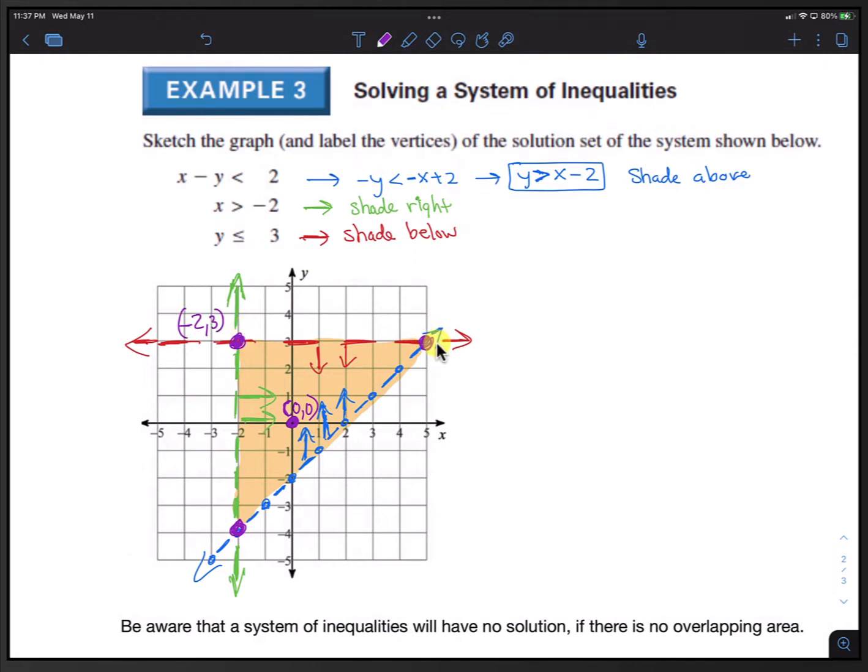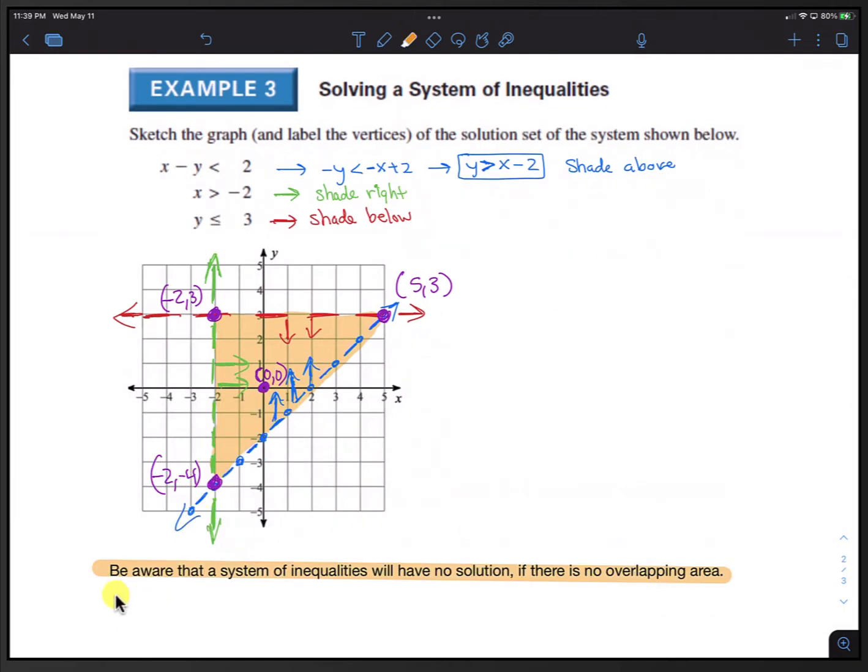This point over here is over 5 and up 3. So that's another vertex. And this vertex here is negative 2, and then down 4. So negative 2, negative 4. All right, and those are our three vertices, or our three corners of the shaded region.